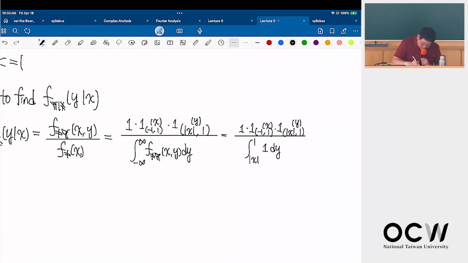Here, the numerator is still the same, it's just like the old region. And then the denominator is 1 minus square root of absolute value of x, and this x is between -1 and 1.